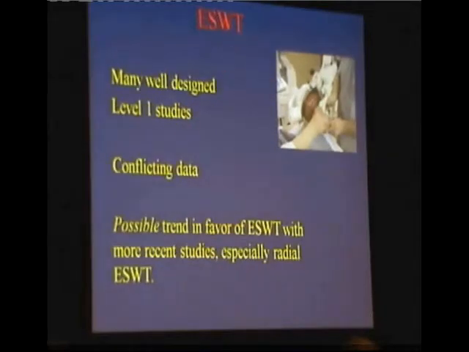There are a number of well-designed level 1 studies, in other words, randomized, prospective, comparative studies, but the data is quite conflicting. There is a potential trend for more recent papers to say that it works, but ultimately the data is still conflicting.